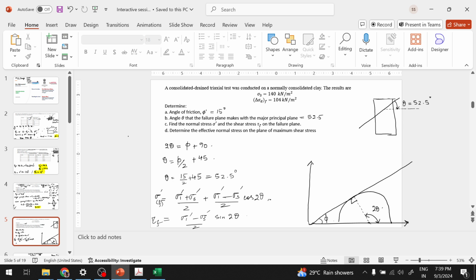So let's calculate this. 244 minus 140 over 2 plus 244 plus 140 over 2 into cos of 2 into 52.5.